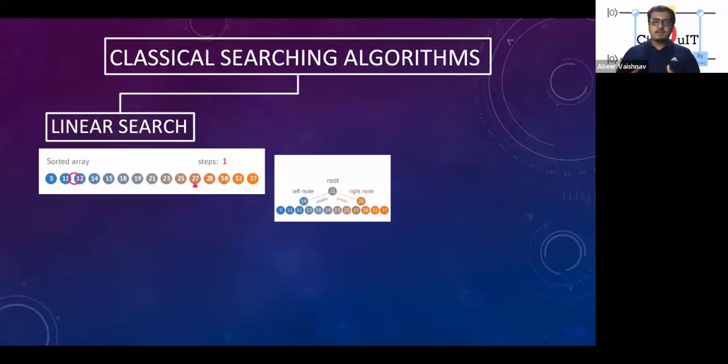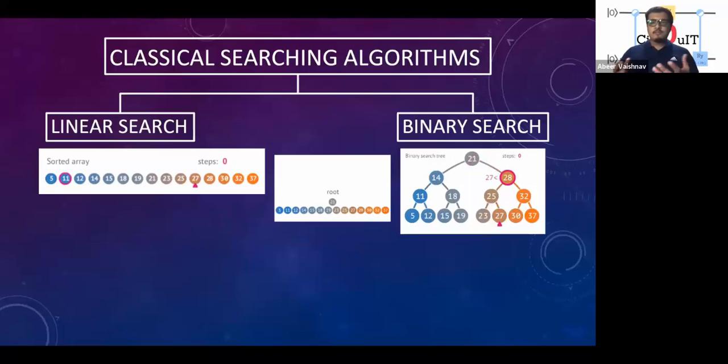This binary tree has the following properties: the left node is smaller than the root node and the right node is greater than the root node. This gives a very good data structure for searching, because we can search a particular array very easily, and you can see it just takes 3 steps to get to 27, whereas in the linear search it takes 10 steps.